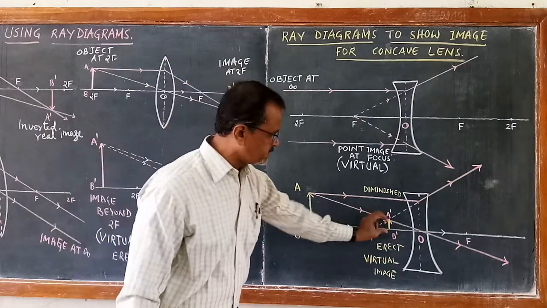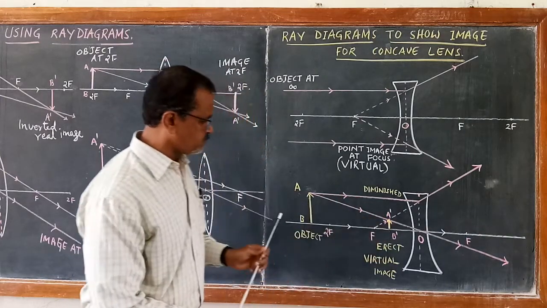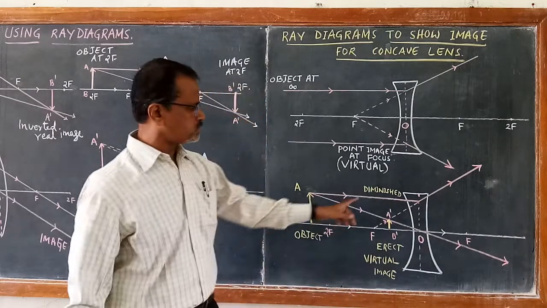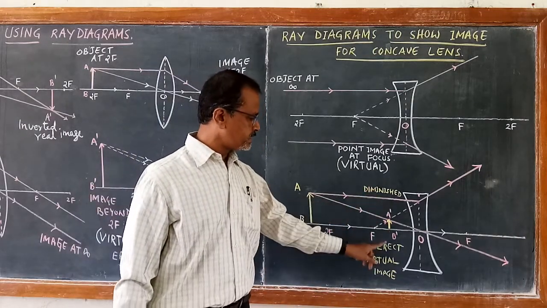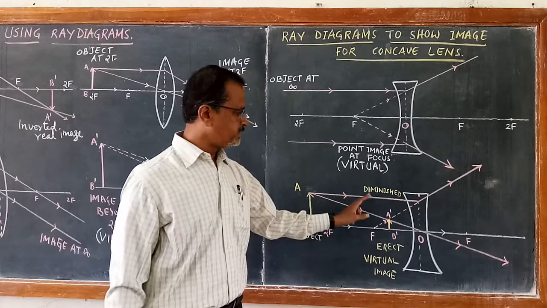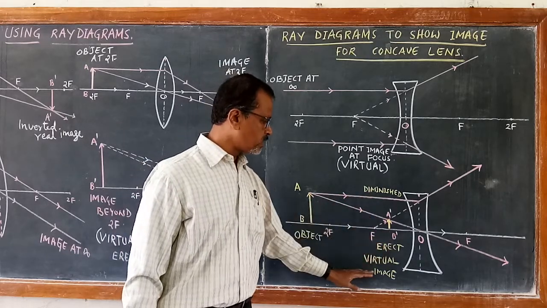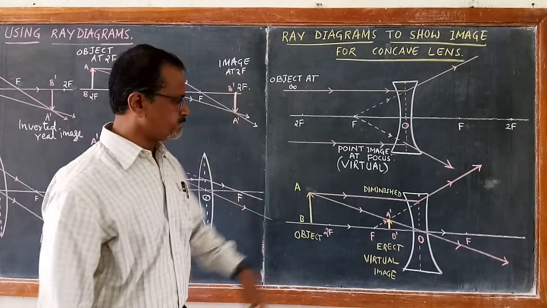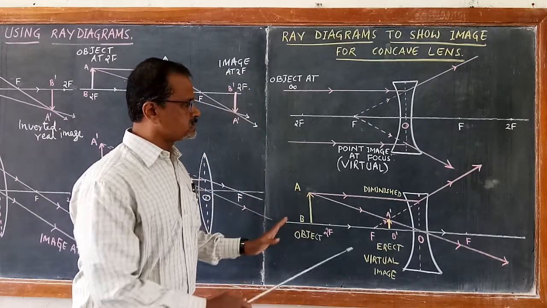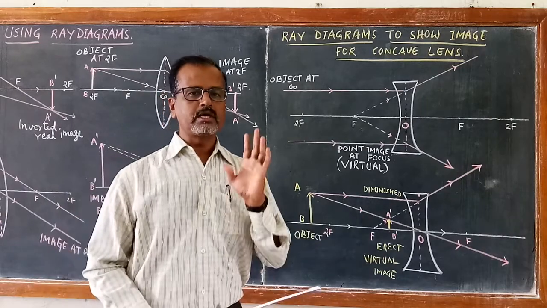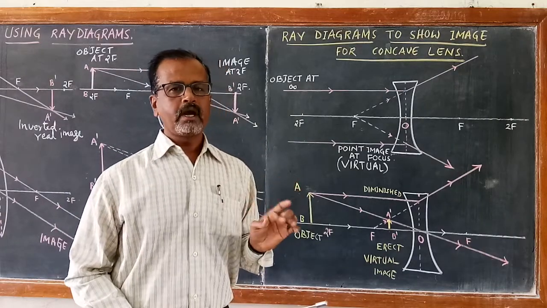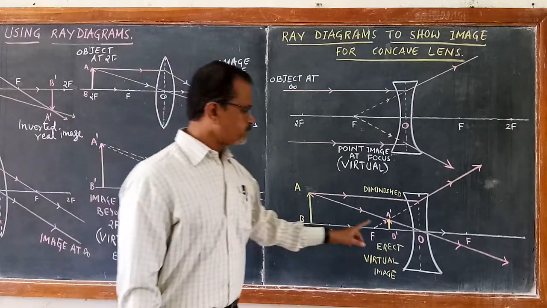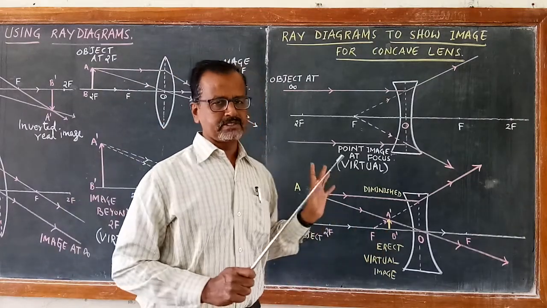And you see the size of the image is very small compared to the size of the object. So a diminished, erect, virtual image is obtained between F and O. Please remember, a concave lens always forms virtual images only, which cannot be obtained on the screen, and they are always erect images.